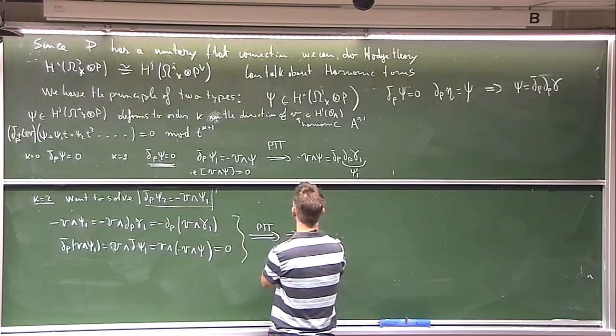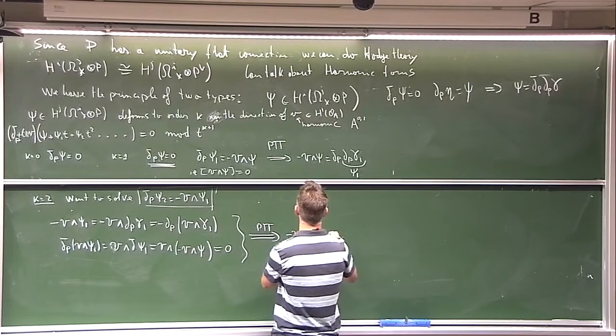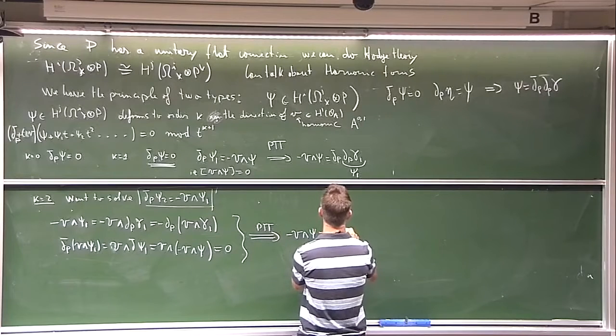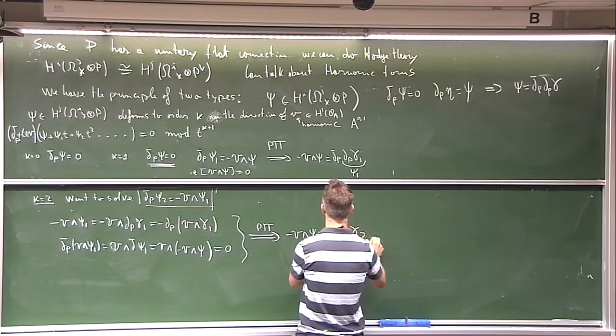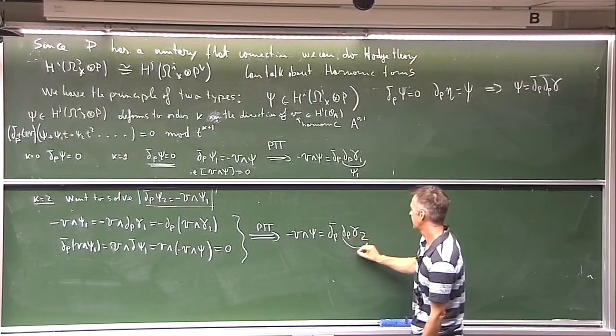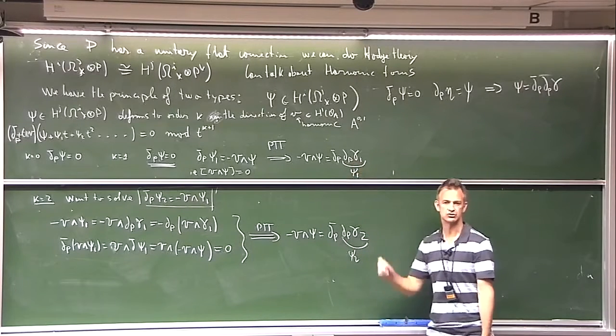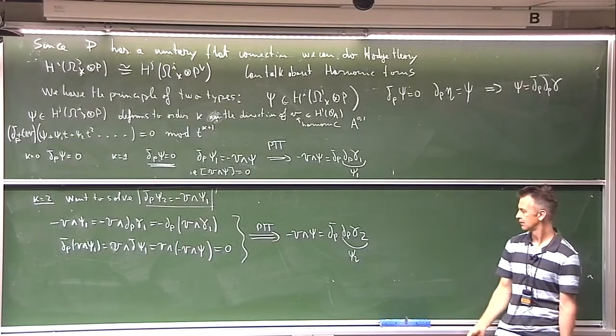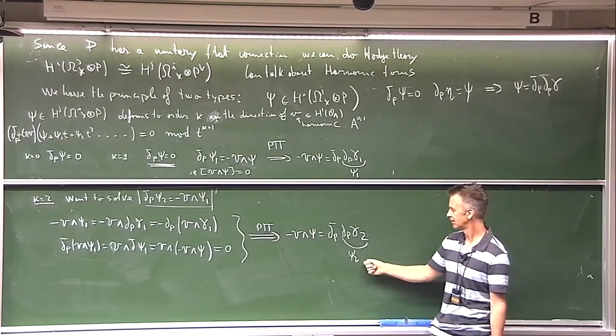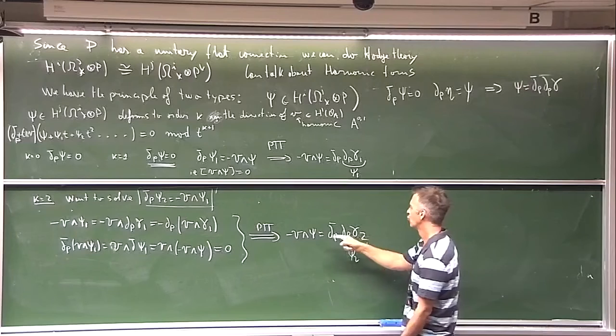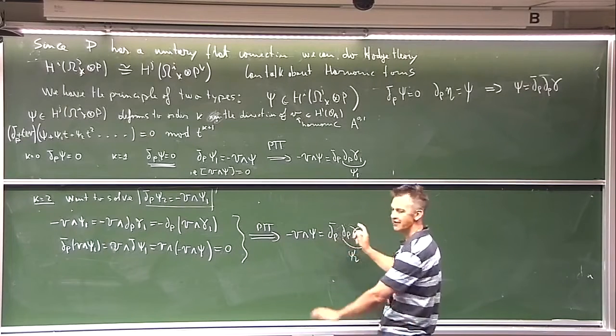So you put these two things together with the principle of two types, and you get that minus v wedge psi is of the form del bar del of some gamma 2. And so we let psi 2 be this, and now formally we're in the same situation, so we can just repeat. Minus v wedge psi 1. No, I think I got it right this time.